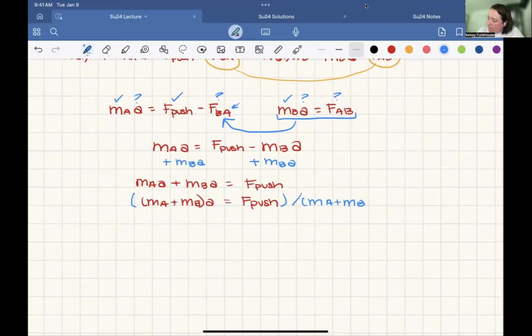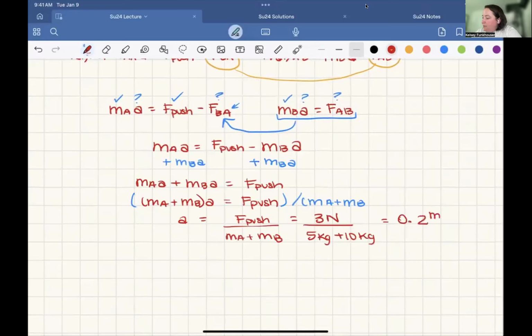And that looks like A is equal to the pushing force divided by mass A plus mass B. The pushing force is 3 newtons, mass A is 5 kilograms and mass B is 10 kilograms. And this gives us an acceleration of 0.2 meters per second squared.